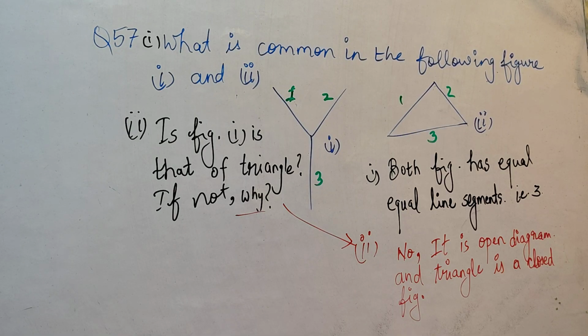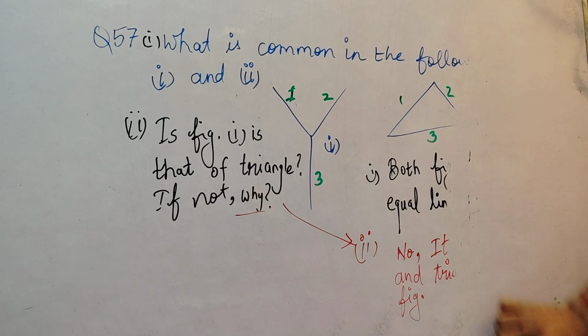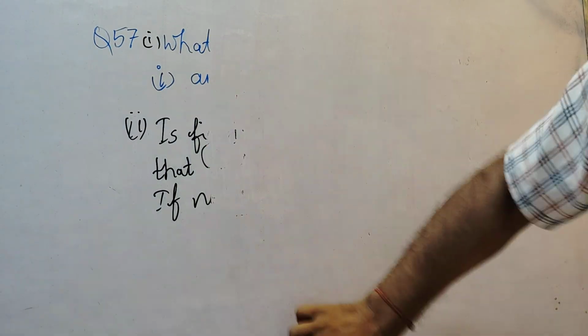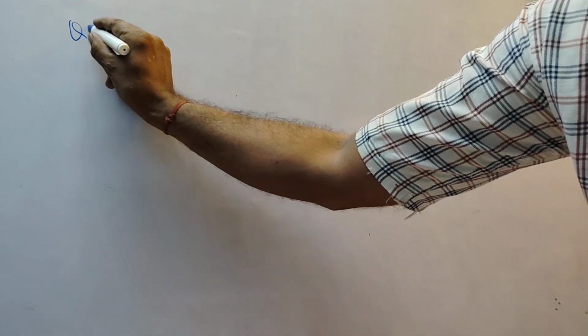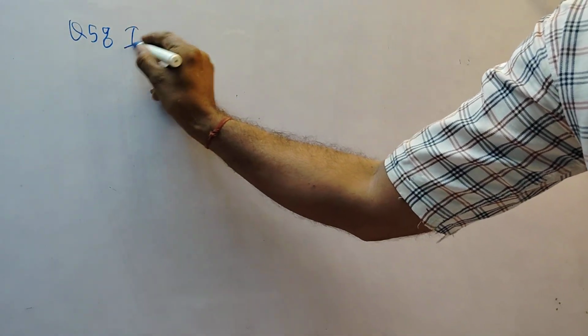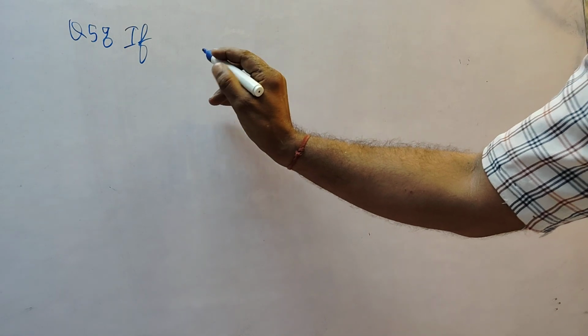Now the 58th one. If two rays intersect, will their point of intersection be the vertex of an angle of which the rays are the two sides? Question 58.